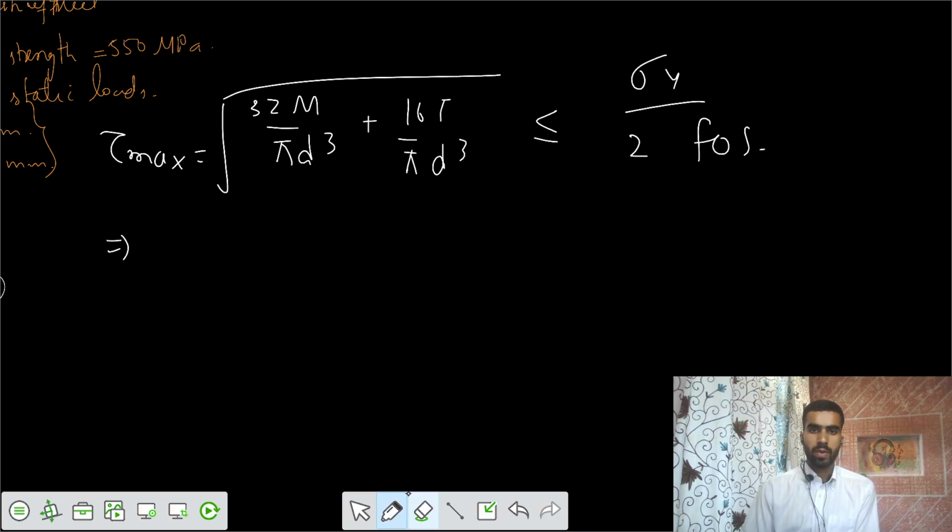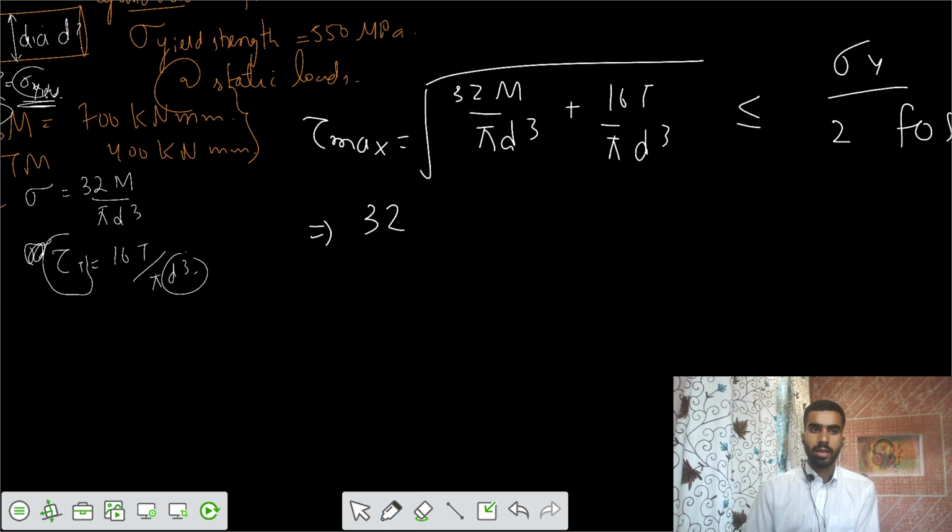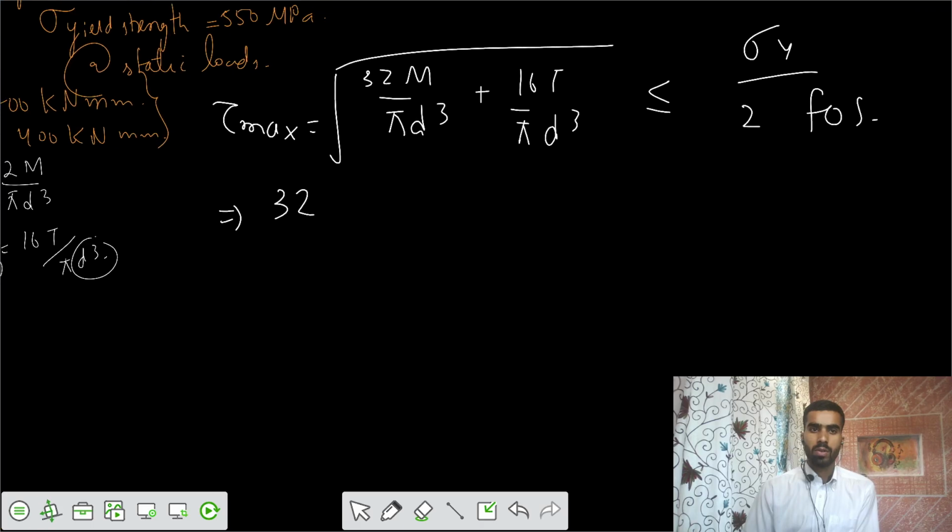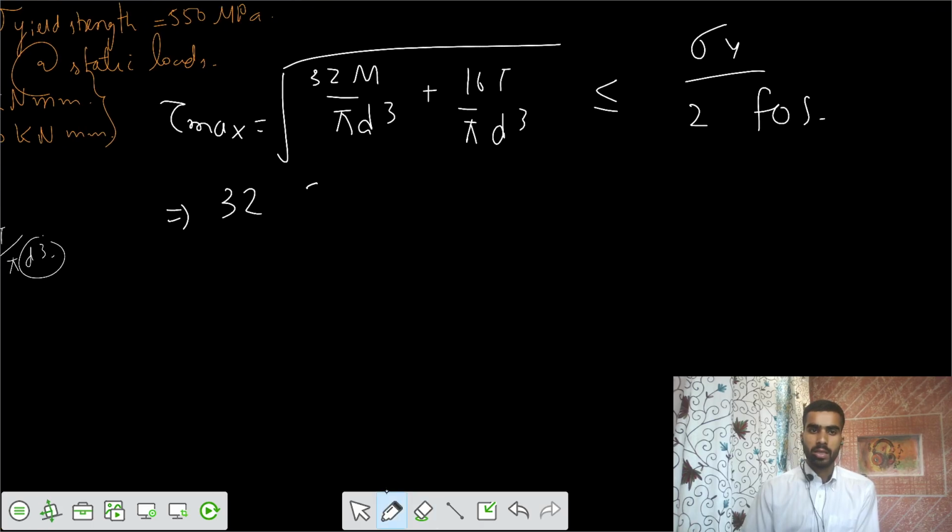So if I use those values, the value of M was 700 kilonewton millimeter, so I would write 700 into 10 to the power 5 newton millimeter, divided by pi d cube.